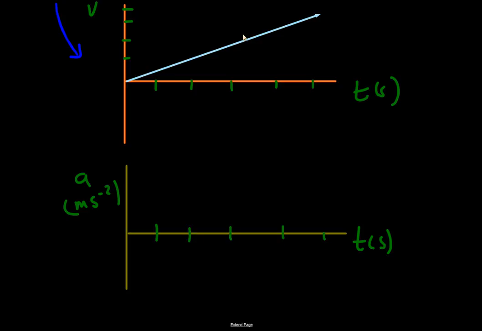Now we're going to take the slope of this graph and translate it down to here. Well, the slope of the velocity graph is not changing. So we should have an unchanging acceleration. It should just look like this, right? Our acceleration is constant, and it's equal to the slope that we have here.